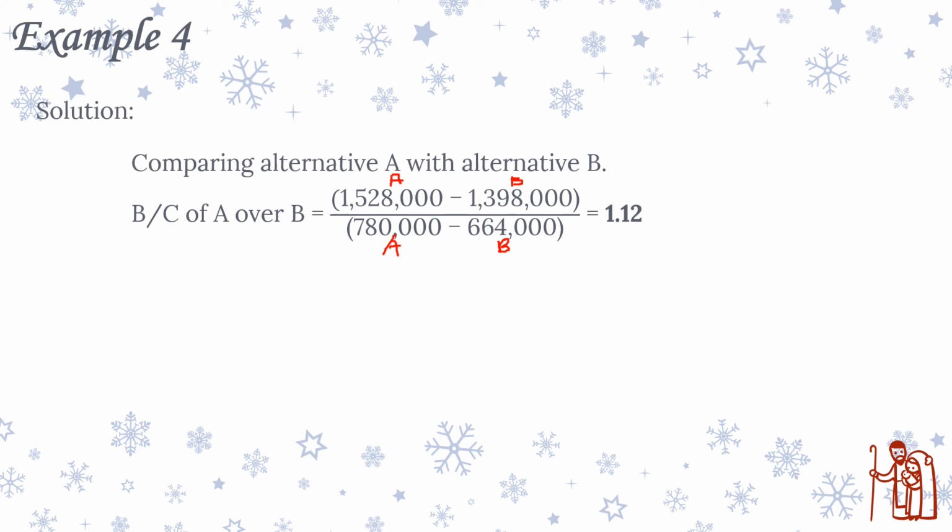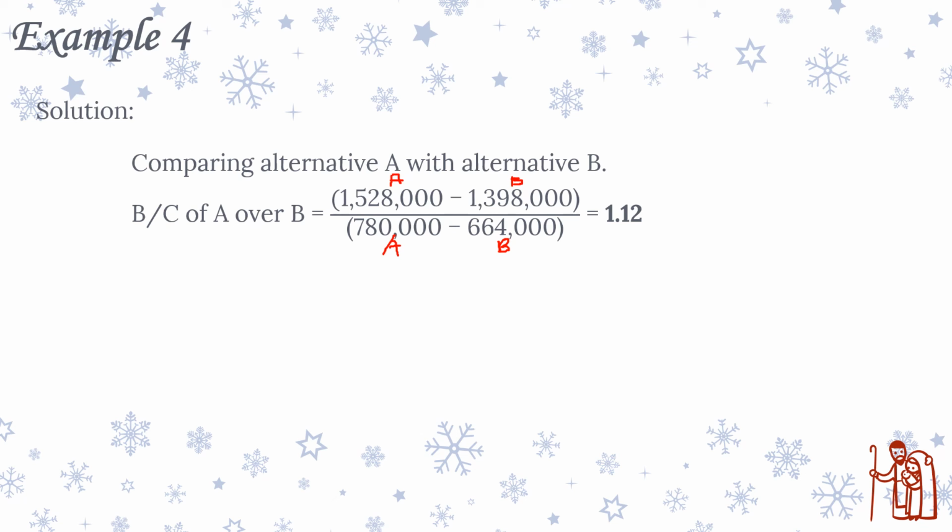If this is greater than 1, then therefore you would go for the one with the larger investment. Is it greater than 1? It means okay, even though its cost is more expensive than B, it has big benefits.